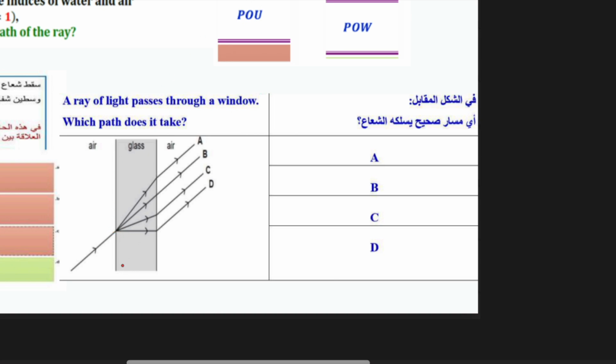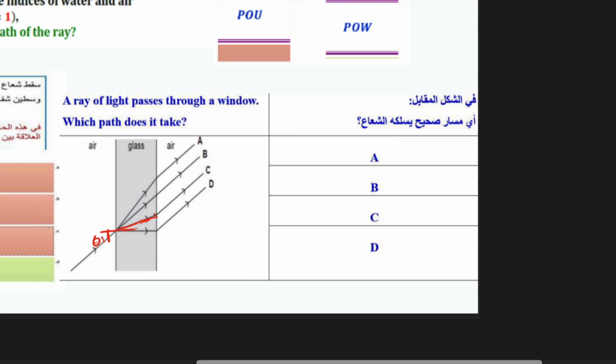Let me make the line smaller and draw a normal here. So we have here theta 1. We know that theta 2 should be smaller. So it will not go this path, but it will go this path here, because in this case theta 2 is smaller.